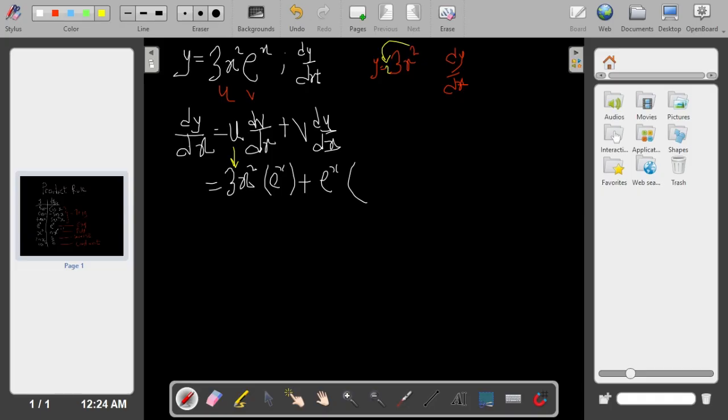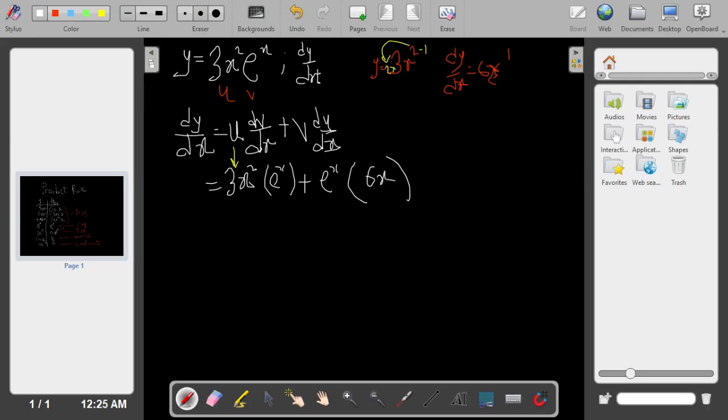It becomes a 6 here. Then you minus 1 from the power. So when 2 comes down to meet that, that's 6x. That's 6x. So this is plus 6x, 2 minus 1 is 1. So what you have here will be 6x. Of course, 6x raised to 1 is the same thing as 6x.